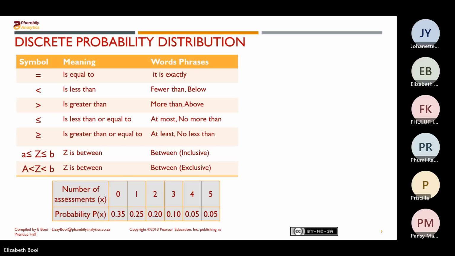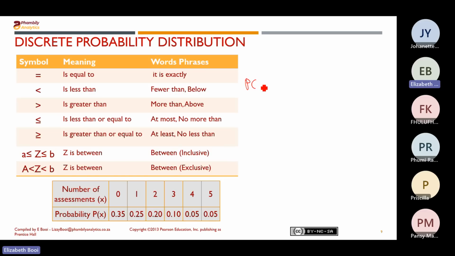So depending on the mathematical sign, if one has an equality sign, like less than or equal, and the other one is just less than, you need to know how to interpret those words. Okay, so let's do some random exercise based on this. Let's say we want to find the probability that X equals 2.